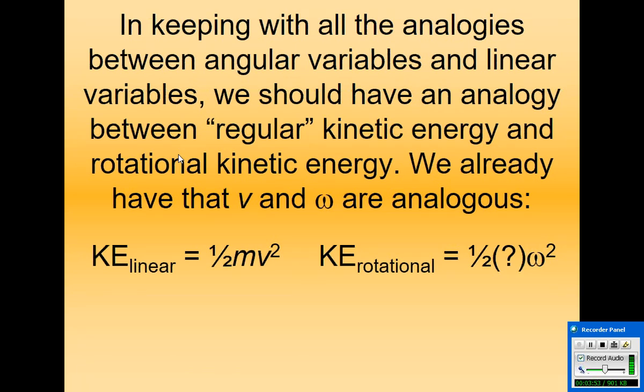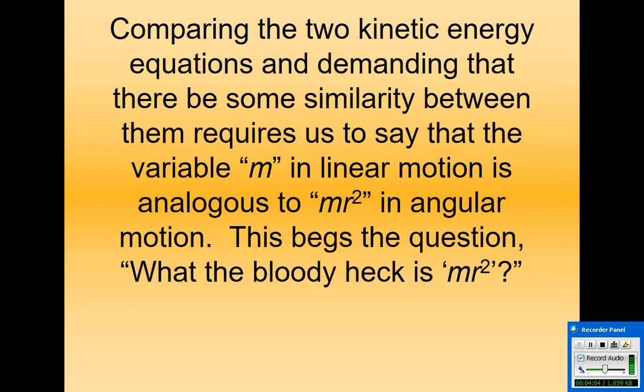What should I put in place for the mass? What is the rotational analogy for mass? Is it m r squared? Well, not exactly. The problem is that m r squared is only applying to that little piece with that little mass m and that exact distance r from the center of the rotation.